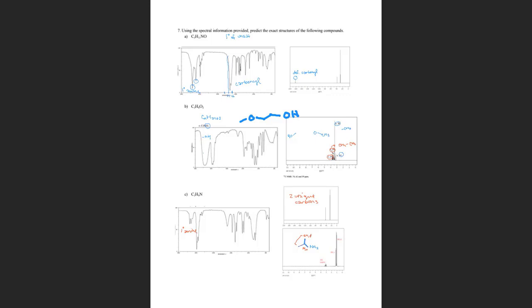Okay, so we have some kind of carbonyl in this molecule, and we have some kind of amine in this molecule. Do we see anything else below 3000 that could be interesting to us?